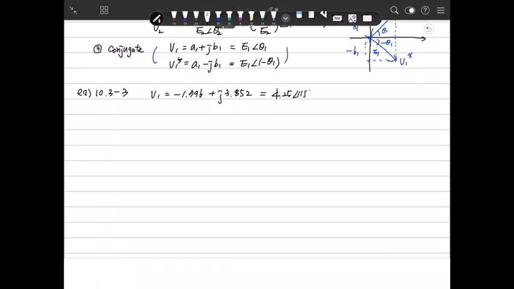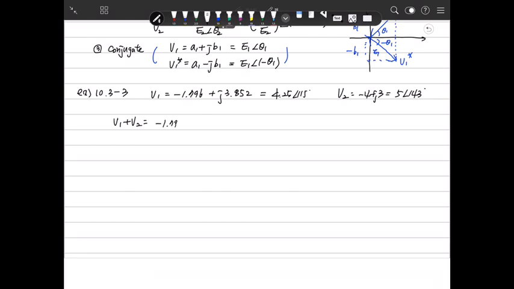Then V2 is the same as in the previous example, 5 at 143 degrees. I want to now calculate V1 plus V2. Which form is better? The rectangular form is more useful to calculate here.